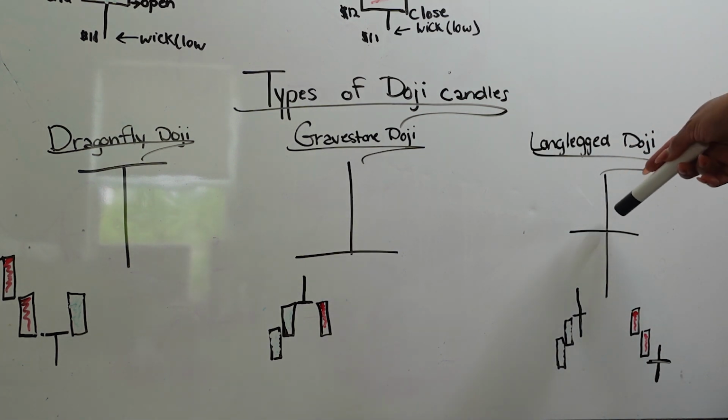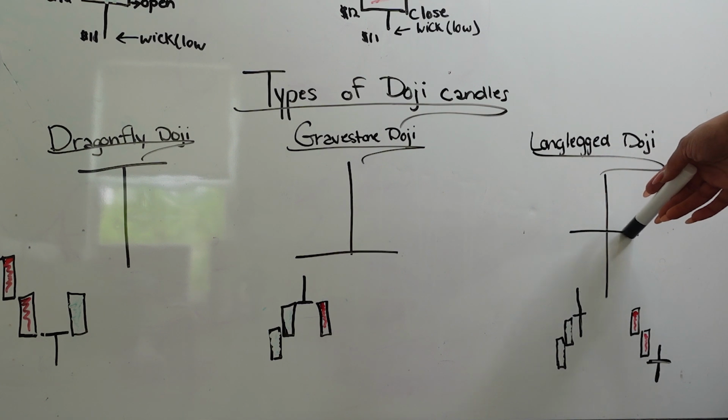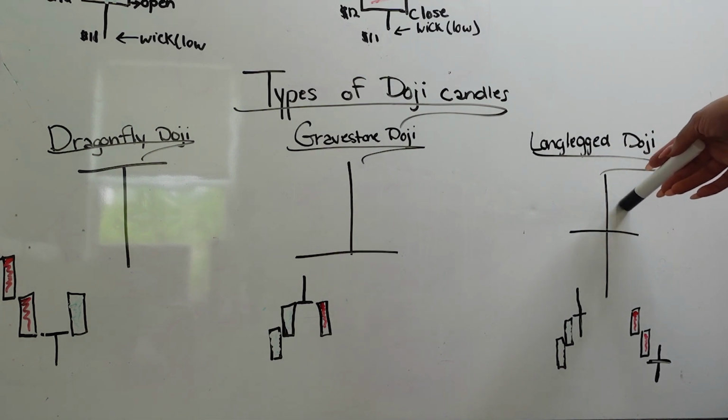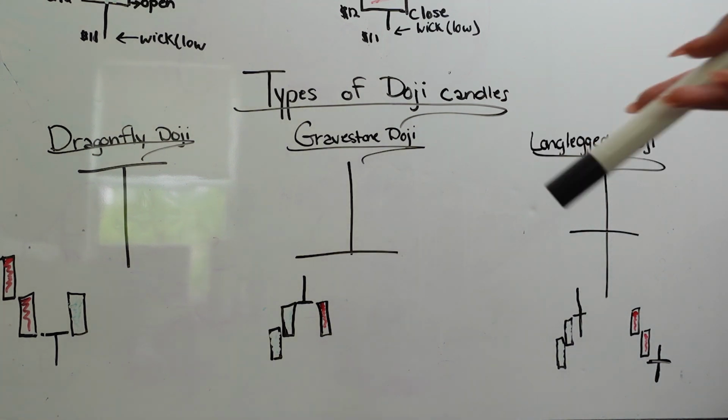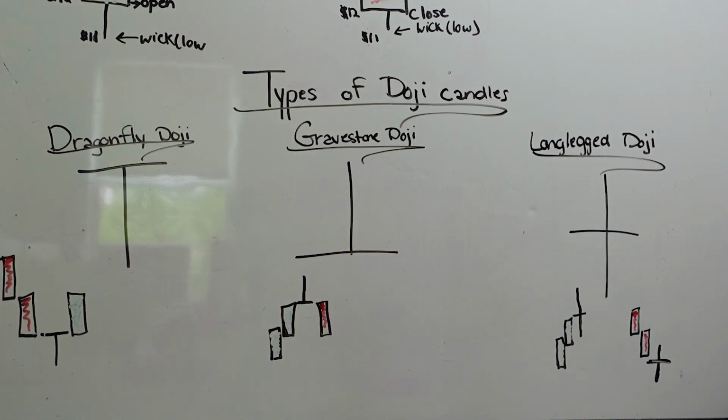So there was a lot of indecision. Basically the price opened, just say at $14, went up to $15, went down to $13, but then ended up closing pretty much exactly where it opened. So that means there was a lot of indecision in the market. You can see this type of doji usually at the top of an uptrend or the bottom of a downtrend. And once again, always wait for confirmation.